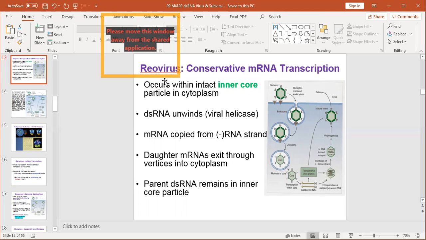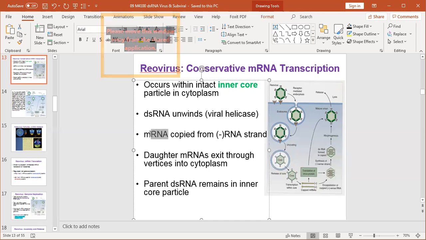So once the inner core particle of the virus is being released inside the host cell cytoplasm, the mRNA transcription will happen. It's a double-stranded genome, so it needs to unwind and open up, and this is accomplished by viral helicase.